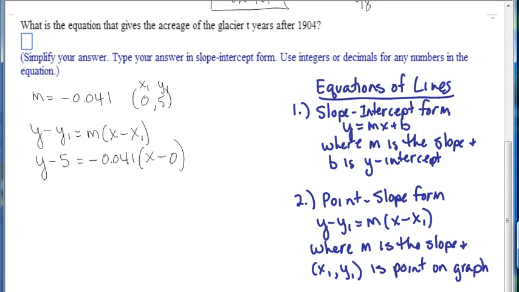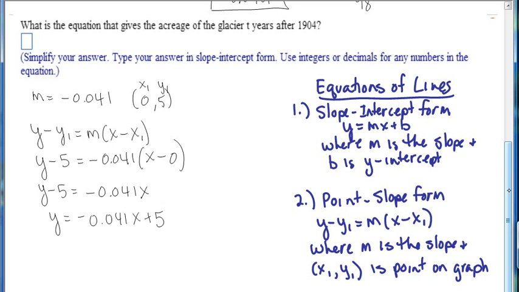But notice the directions down below in parentheses say to simplify your answer. So we should get rid of the parentheses and type your answer in slope-intercept form, which is y equals mx plus b. So we also need to solve for y. Let's go ahead and do that. First I'm just going to get rid of parentheses, and that 0 doesn't matter. Then if I add 5 to the whole thing, that would be my y equals mx plus b.